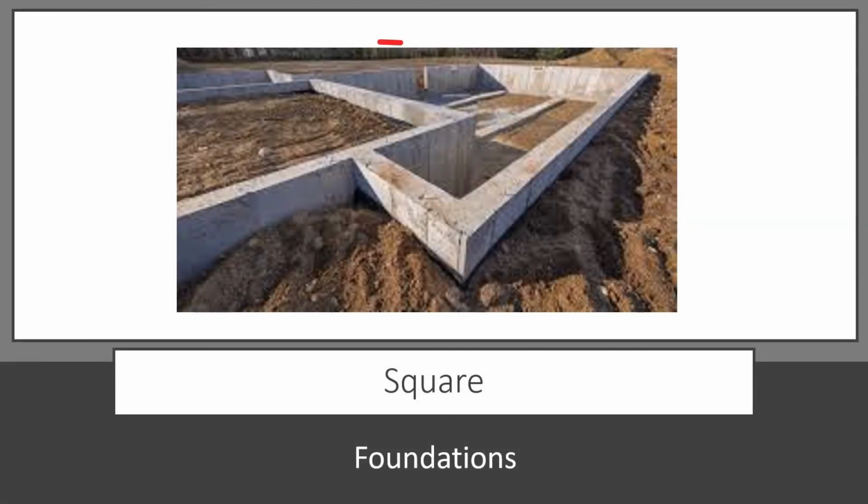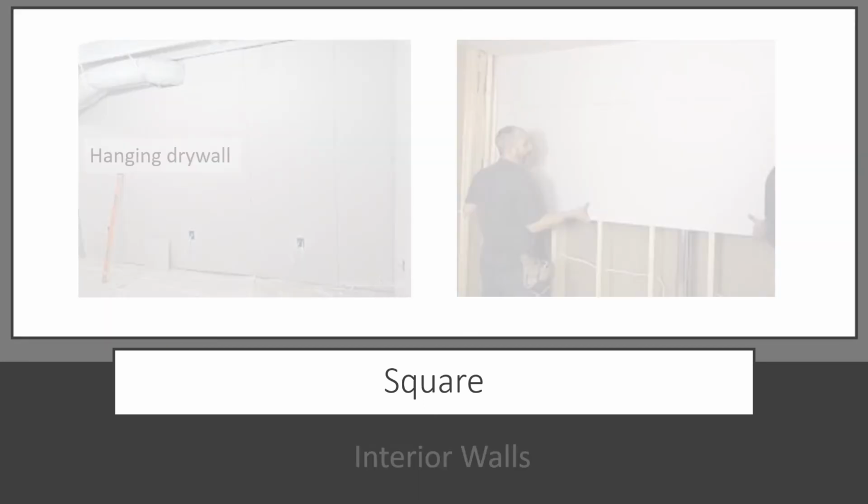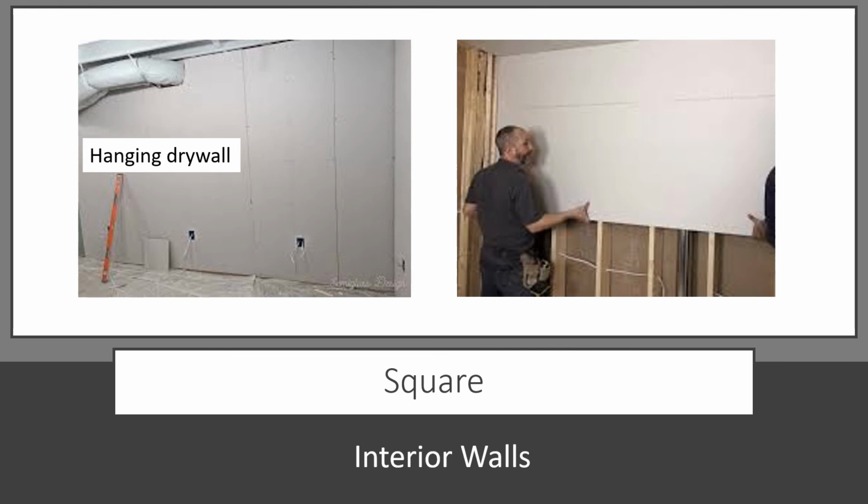So let's look at some real examples of why square is so important. This foundation, if it's not carefully constructed at 90-degree angles, there'll be some serious problems from this point on. Here's another example. This guy's laying the subfloor. We've got 90-degree angles. Here's the interior wall, hanging drywall.